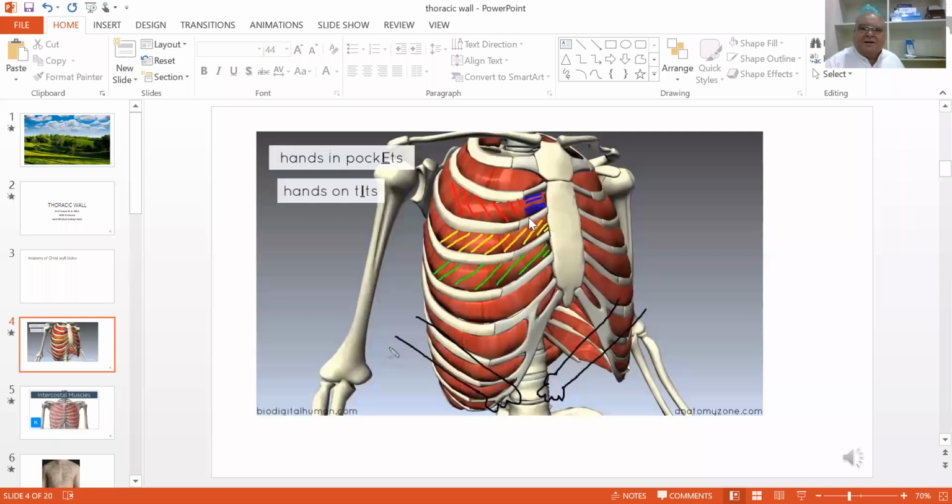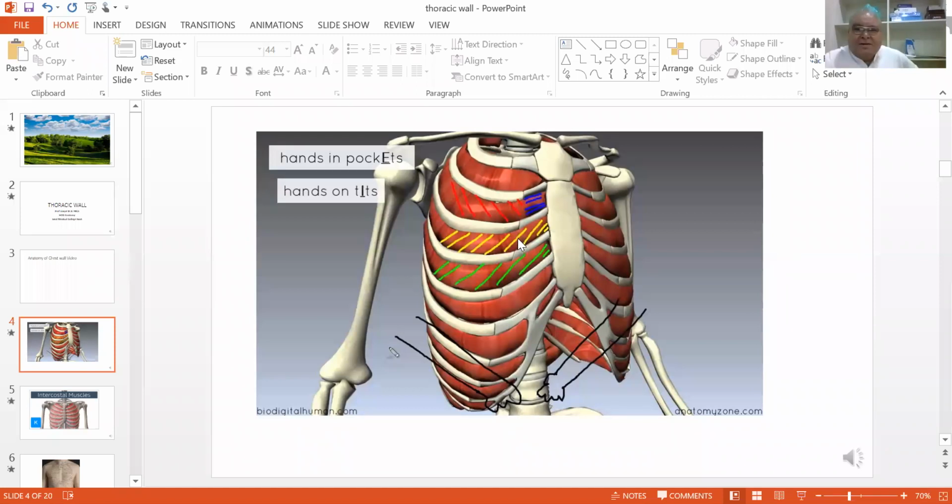And they're inserted to the outer smooth portion of the lower rib, right? So the direction of the muscle should be noted. It is this oblique one. If you put your hand from upper to lower in the oblique fashion, it is called hand in the pocket. You are putting your hand in the jacket. This is exactly the same.